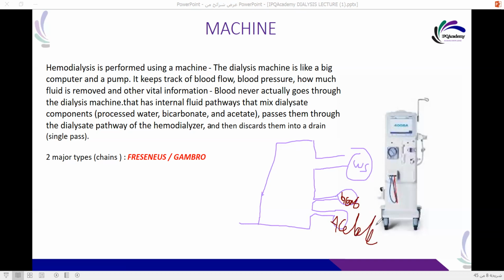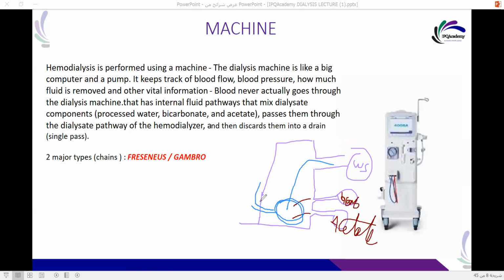All of these come here and are mixed with the water coming from the water station, the produced water, making the components of the dialysate. Then the dialysate passes through the dialyzer pathway.